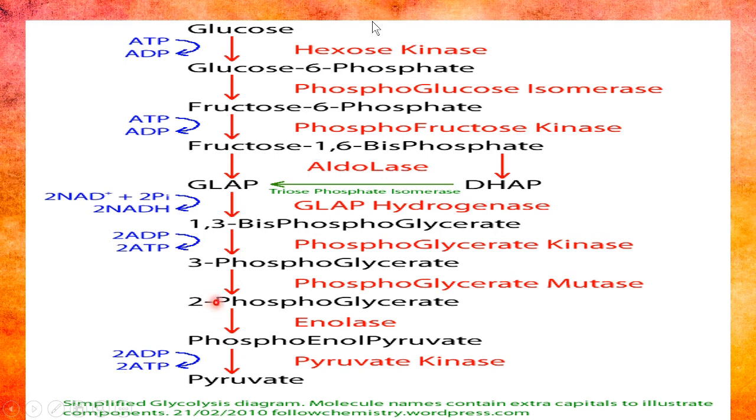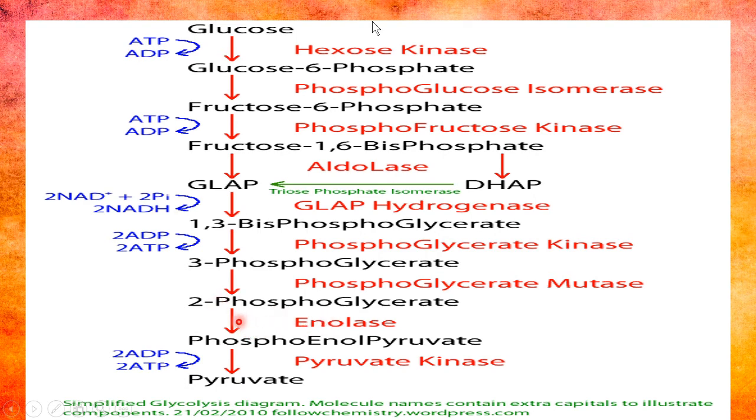Okay. Now we see the ninth step of glycolysis and fourth step of the payoff phase, that is dehydration. What happens here? This 2-PGA, that is 2-phosphoglycerate, undergoes dehydration.